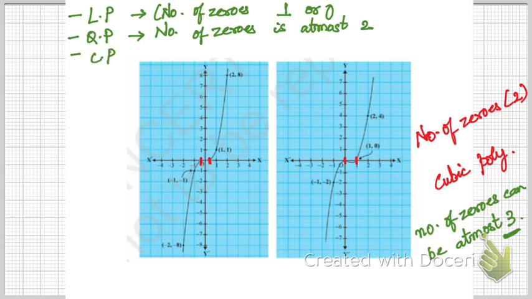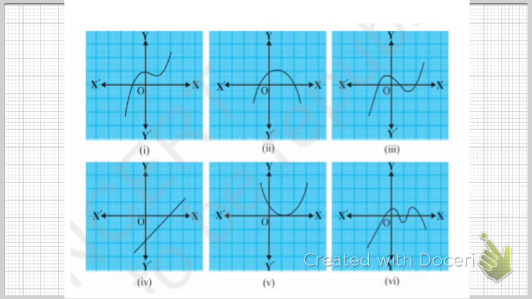And for a cubic polynomial, the number of zeros is at most 3. For a linear polynomial in class 10, what you will learn is that the number of zeros is 1 only. You will not learn about any kind of zero-less case, and that's not possible actually. So the number of zeros will be 1 only.